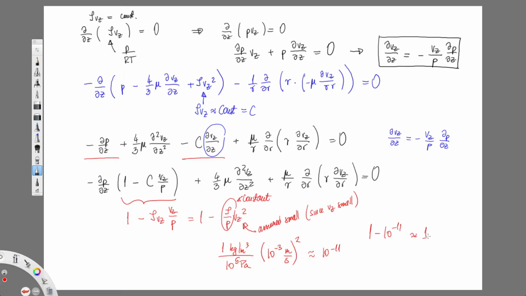Now there is another term that I'm kind of desperate about. When I look at what I have left in my equation, I'm going to switch to black: minus dp dz plus 4/3 mu d squared vz dz squared plus mu over r d dr r dvz dr is equal to 0.